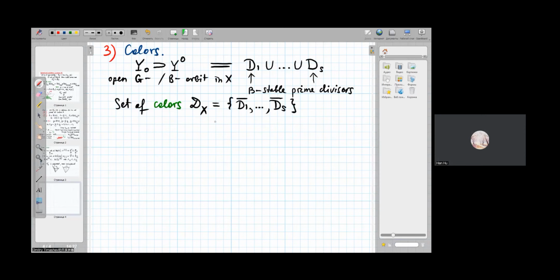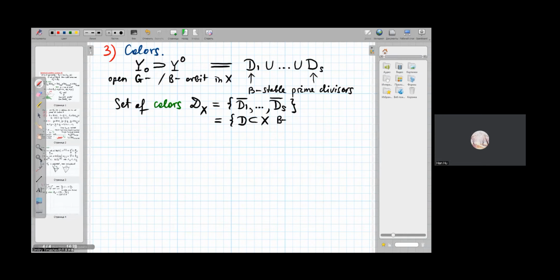In other words, the colors can be defined as prime divisors in X which are B-stable. Which is decomposed into B-stable prime divisors, the complement of Y upper naught in Y lower naught. The complement of the open B orbit in the open G orbit.